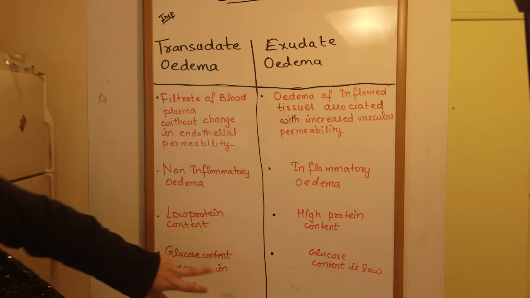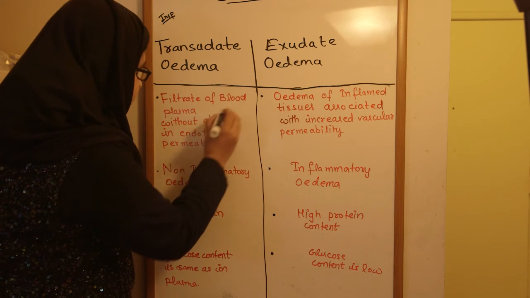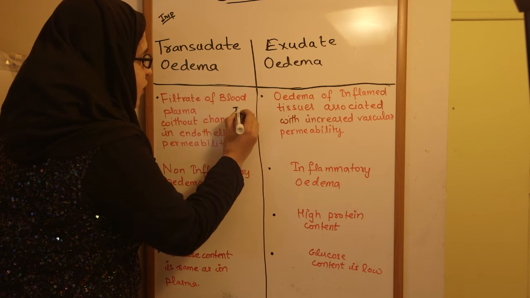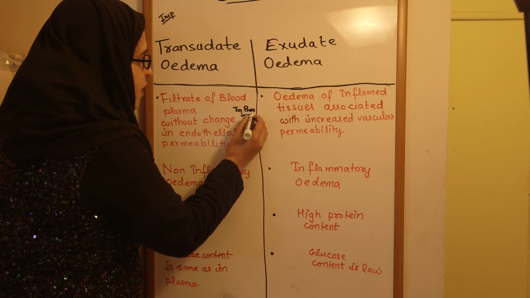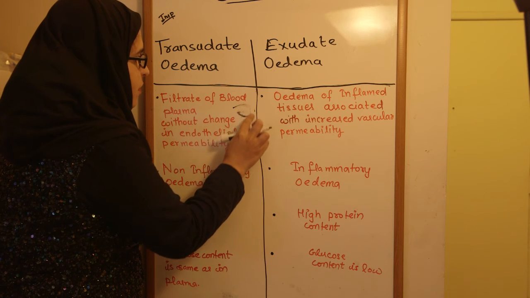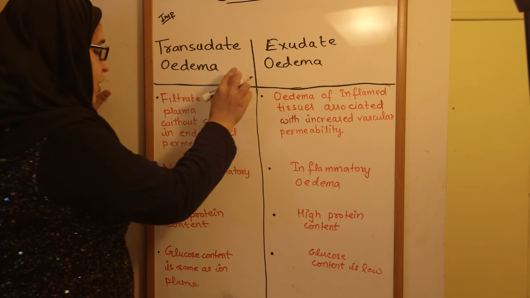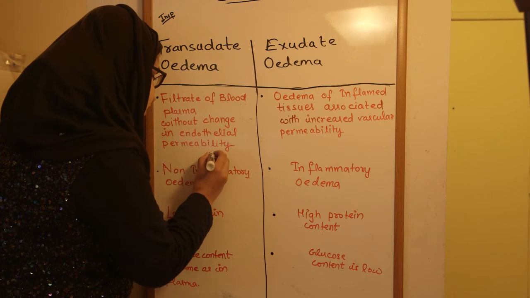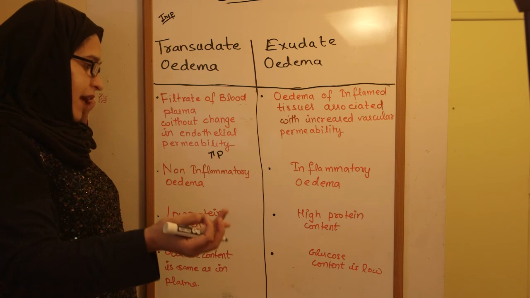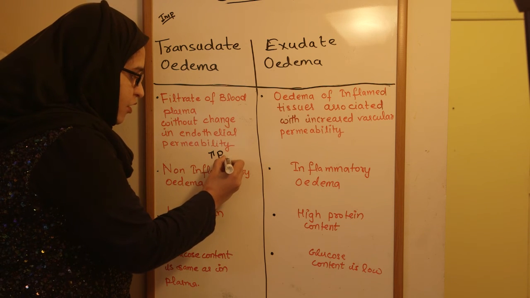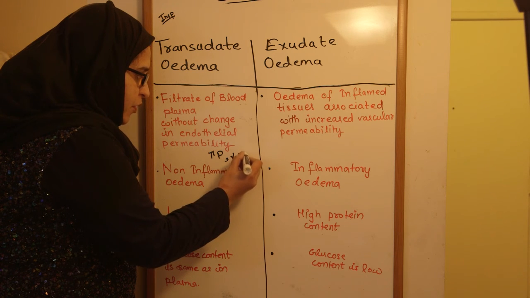Okay, so in case of transudate, there is increased pressure in veins and capillaries, and or maybe low plasma proteins.